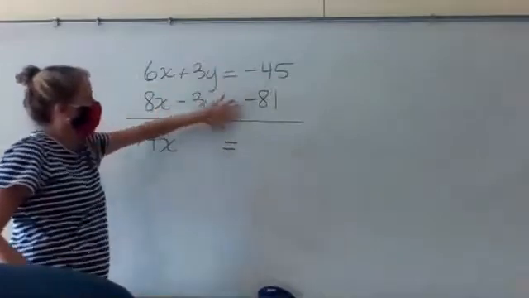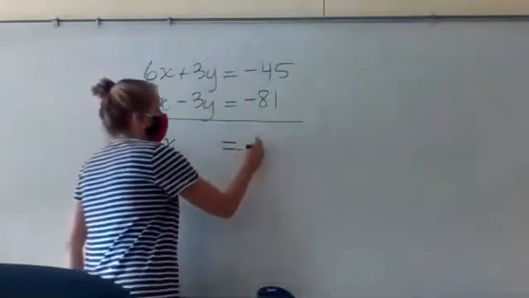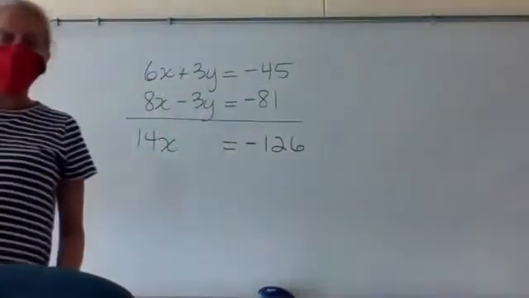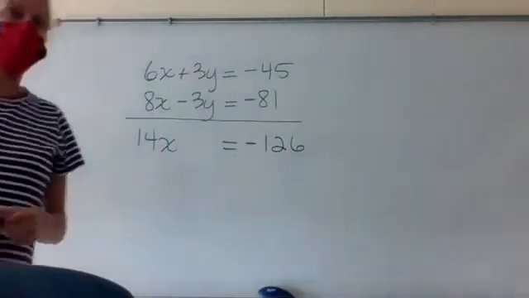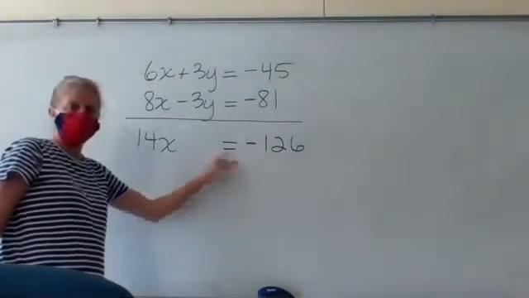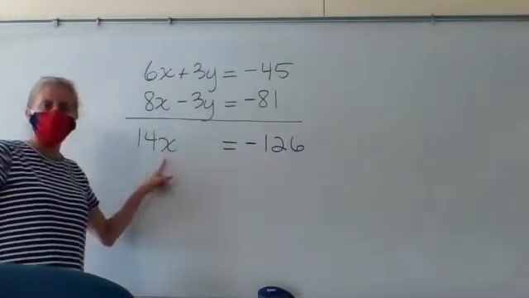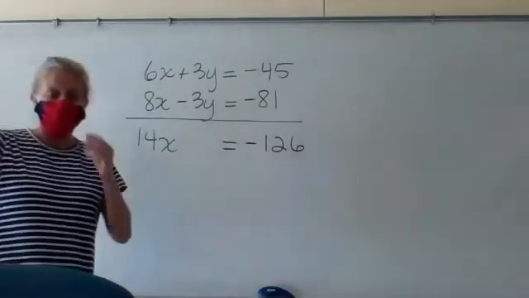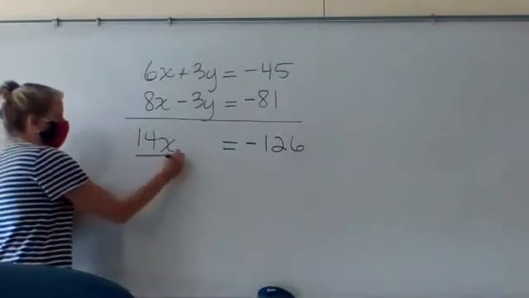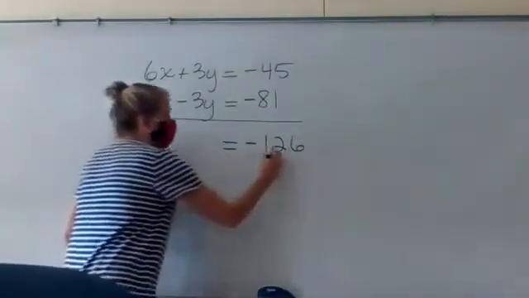Equals, if I add these straight down, I get negative 126. So now look what I have. Now I just have 1 equation, and the only unknown I have is this x, and I can solve that equation for x by dividing both sides by 14.